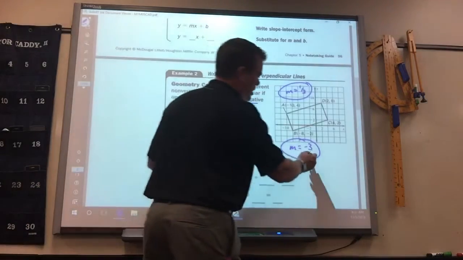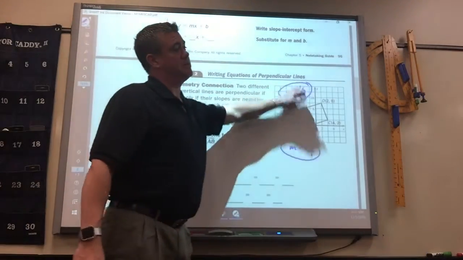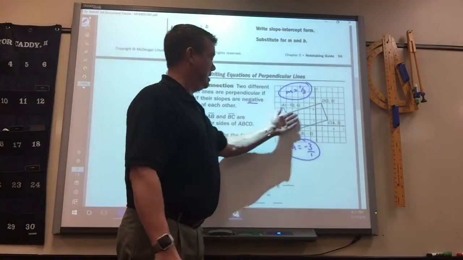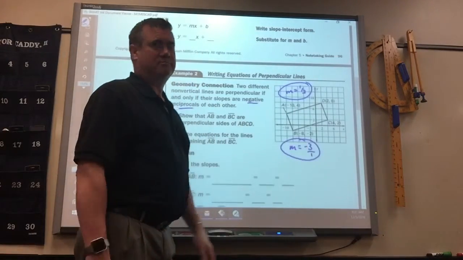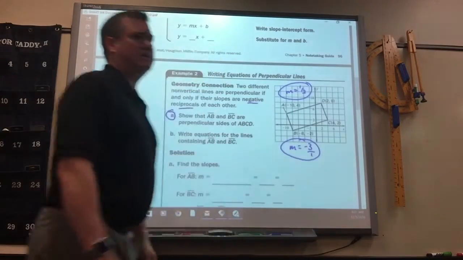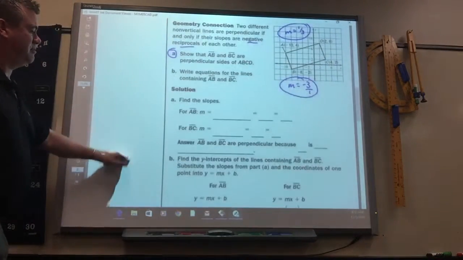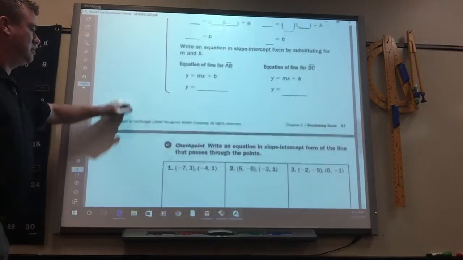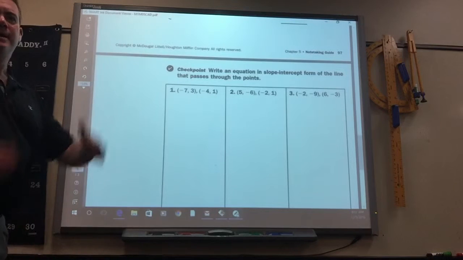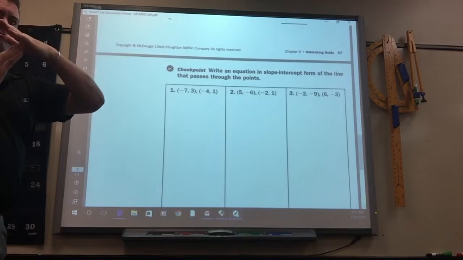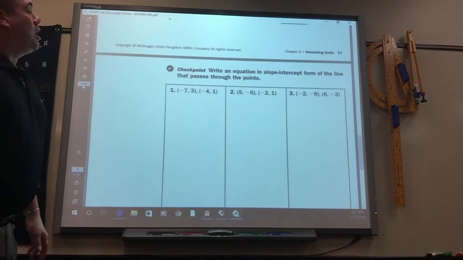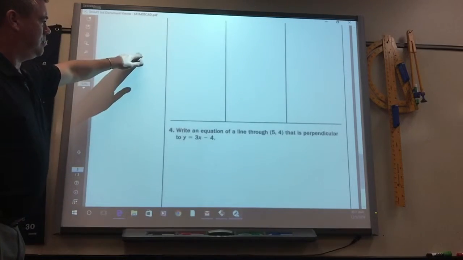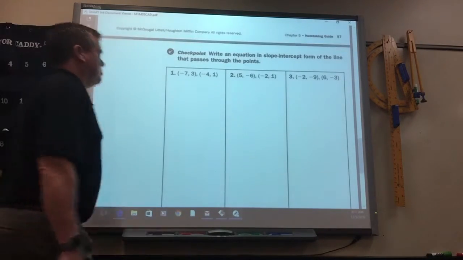Yep, because you put a 1 underneath. And they're opposite signs, which means these lines are perpendicular. Okay? We did that in the last chapter, if you remember. What are perpendicular? Does that mean across? Yep, they form a 90. Okay, we'll do this one.